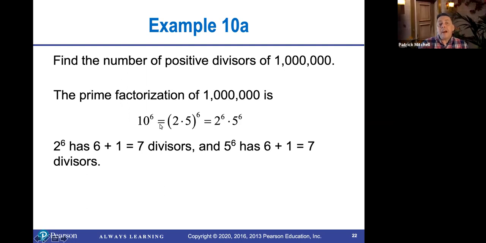And then they used their exponent rules to say 10 is 2 times 5, and 2 times 5 to the power 6 is 2 to the 6th times 5 to the 6th. All right, so if I add 1 to each of these exponents, I get 6 plus 1 is 7, 6 plus 1 is 7, 7 times 7 is 49. So the number 1 million has 49 divisors.